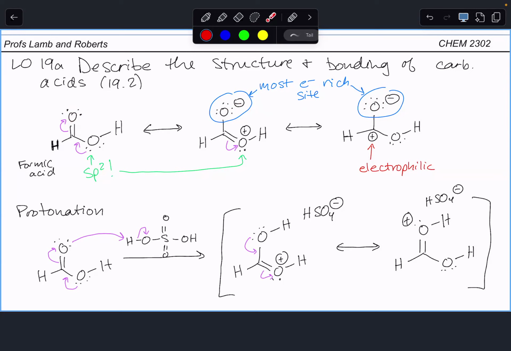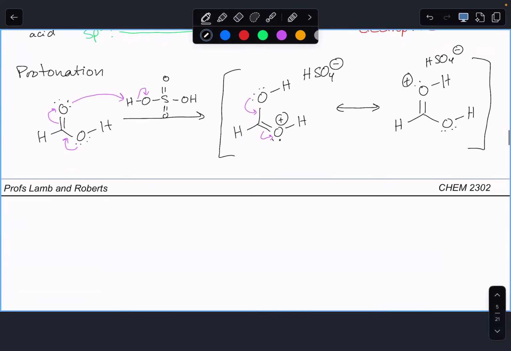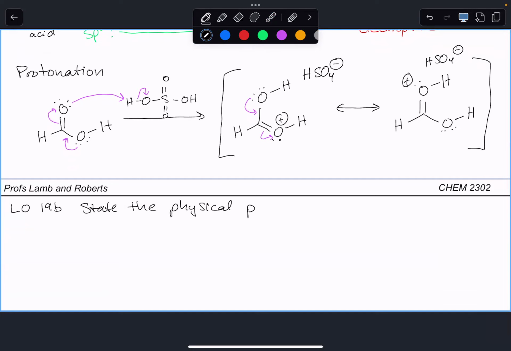Okay, so now let's talk about our next learning objective, which is about the physical properties of carboxylic acids, which is 19.3. So again, this is where we're usually talking about boiling points.